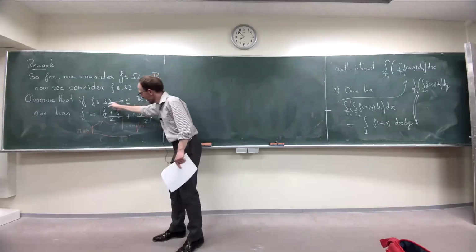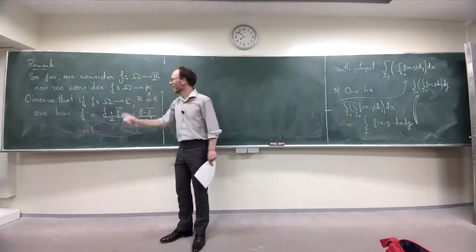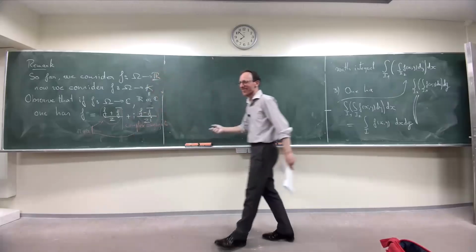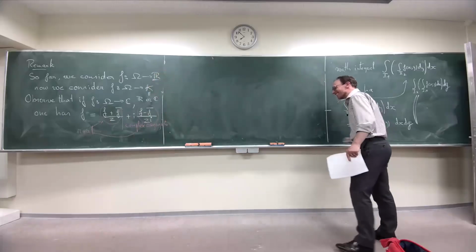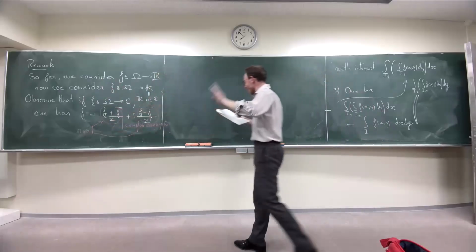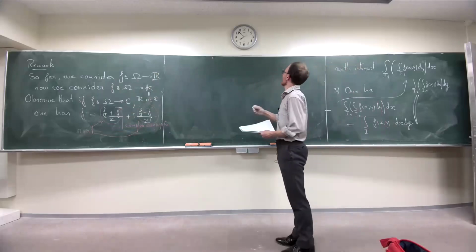A sum of a real valued function plus an I, I times a real valued function. Okay. Yes, it is complex, you're right. That's true. Okay, please let me finish.